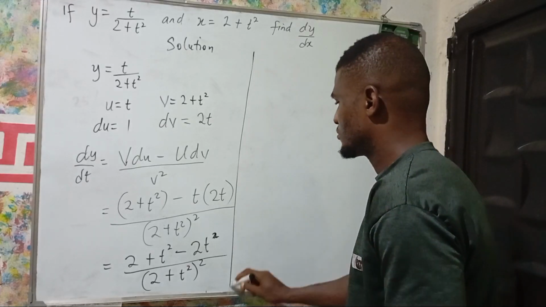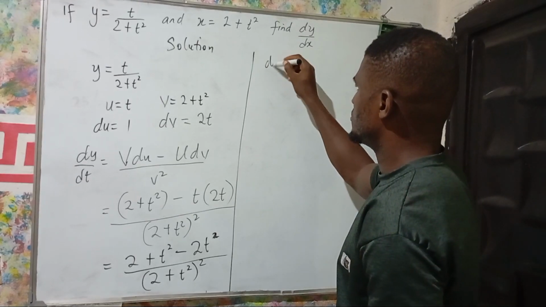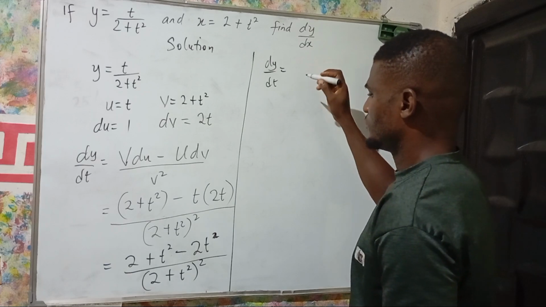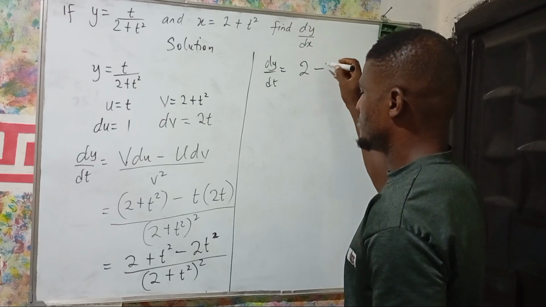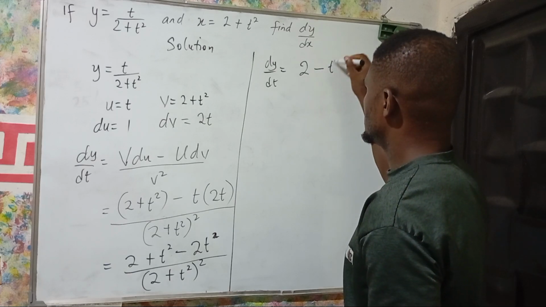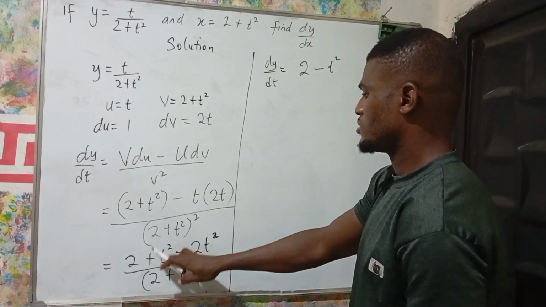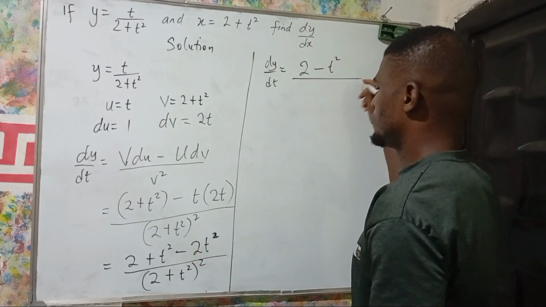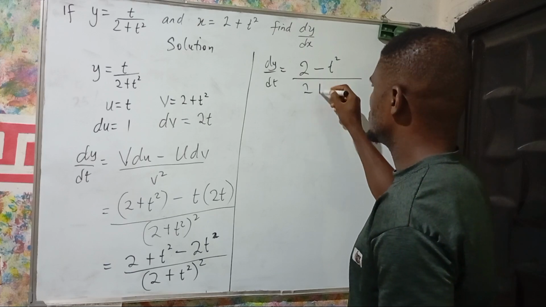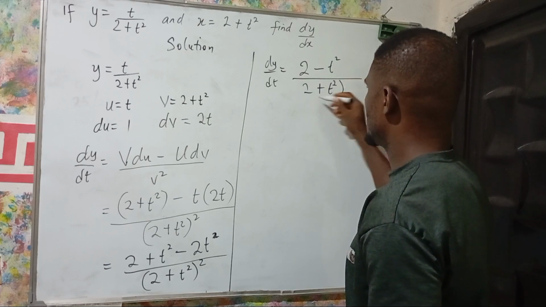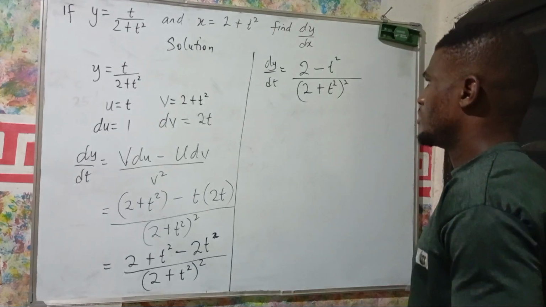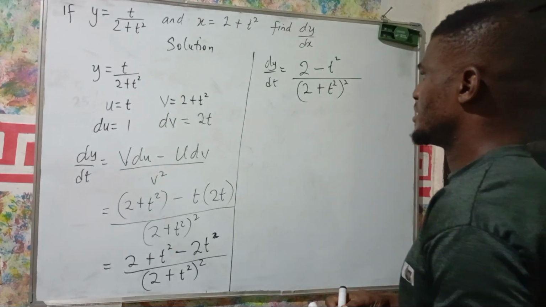Okay, so from here our dy/dt will be equal to 2 minus t squared, because 1 t squared minus 2 t squared will give us minus 1 t squared, over 2 plus t squared all squared. Okay, so we've gotten our dy/dt.